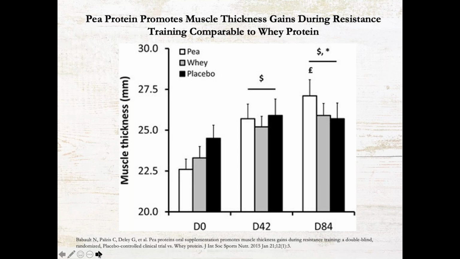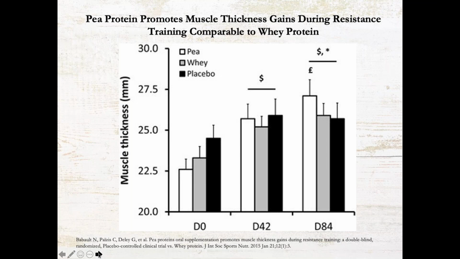Looking at this over the course of 12 weeks, what was clear for these subjects is that they were gaining as much lean body mass and were experiencing the type of increased thickness in myofibrils that we want when you compared pea to whey protein.